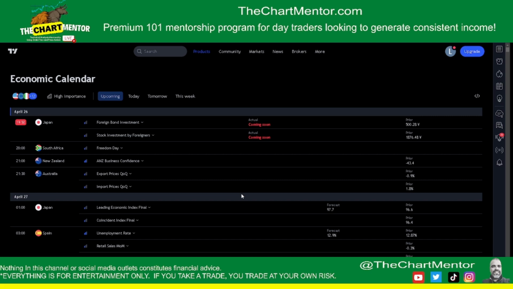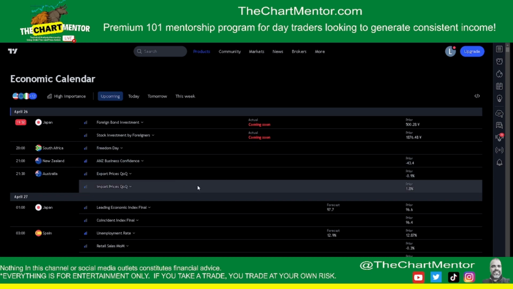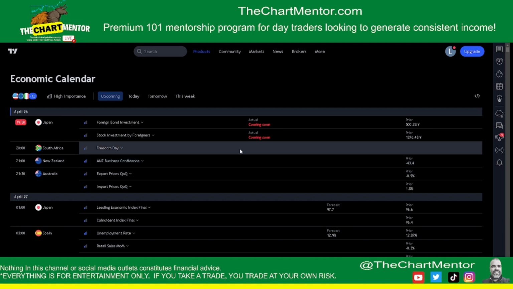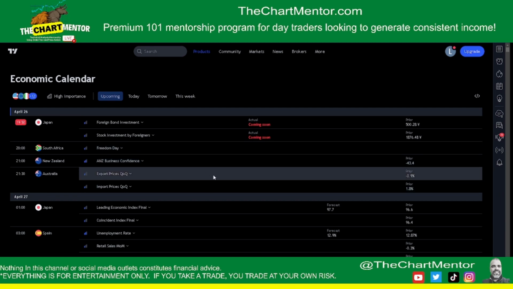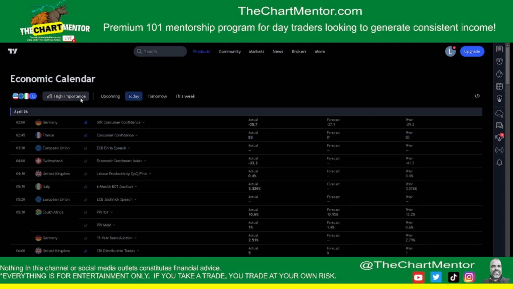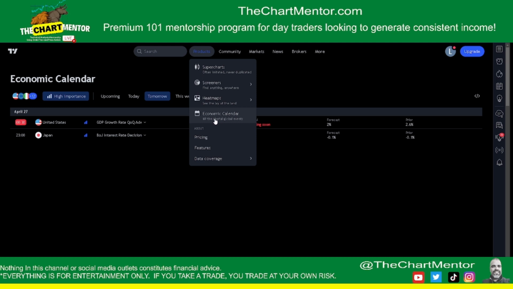We do have a partnership with a pro firm that provides liquidity to funded traders, and one of the requirements is to stay outside the news when trading. It's really not a big deal, as you can trade a few minutes after the news release, but it's good to know that you don't want to find yourself trading when the market is about to move significantly. And so you'll have some news here in the economic calendar.